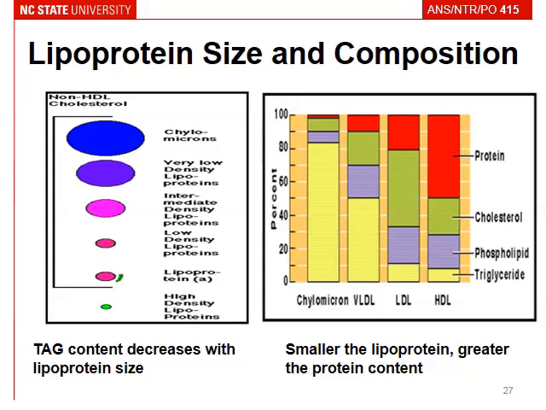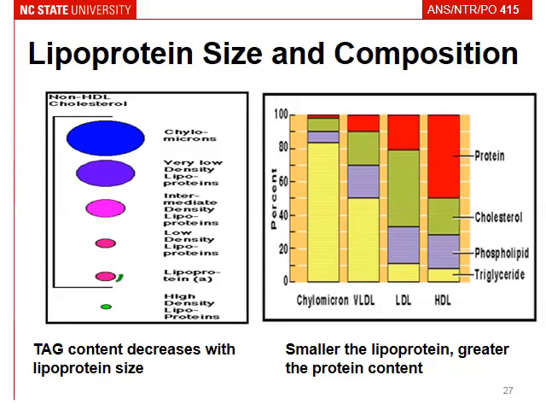So this is just a couple of pictures showing the difference in size of the lipoprotein classes. You can see our chylomicrons or portomicrons are by far the biggest, followed by our very low density lipoproteins, then our intermediate, which is just what our VLDLs become as they drop off their triglycerides.